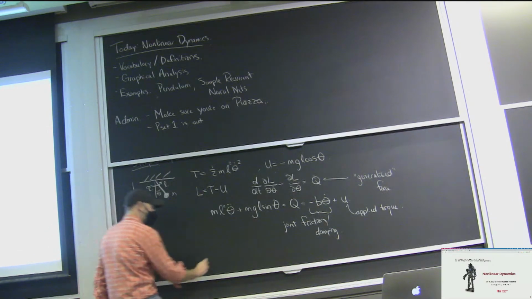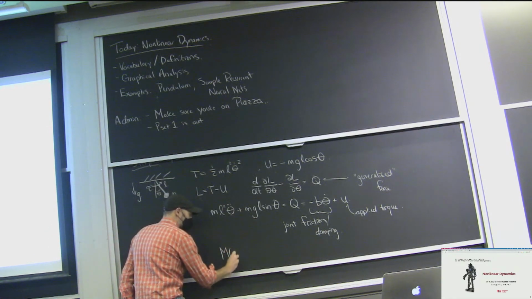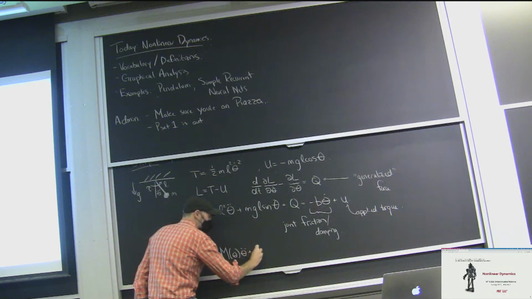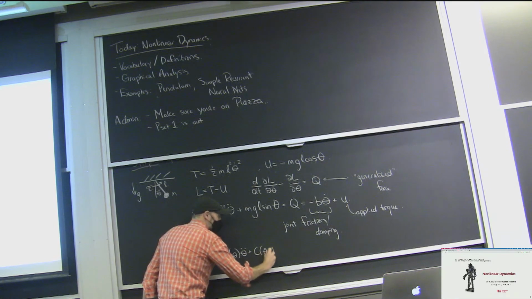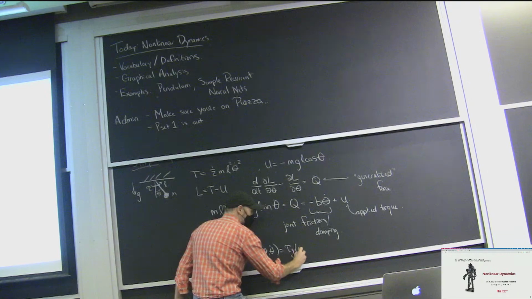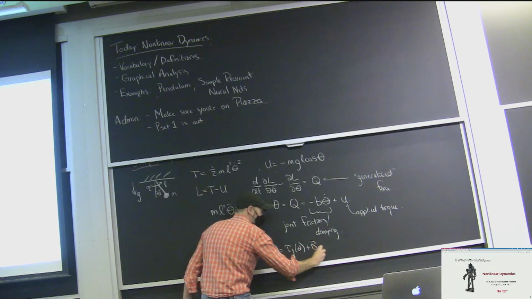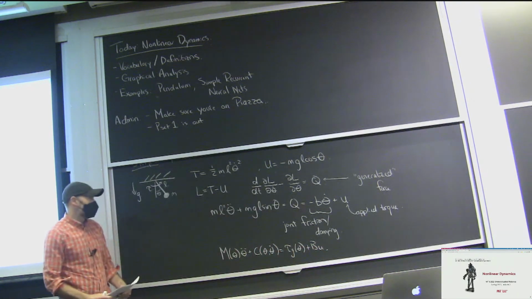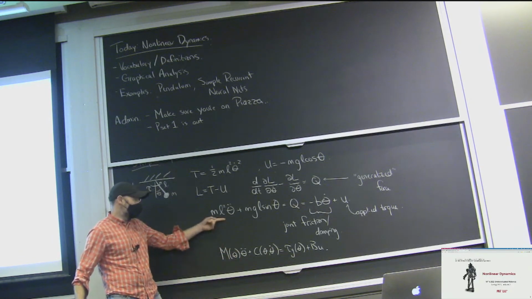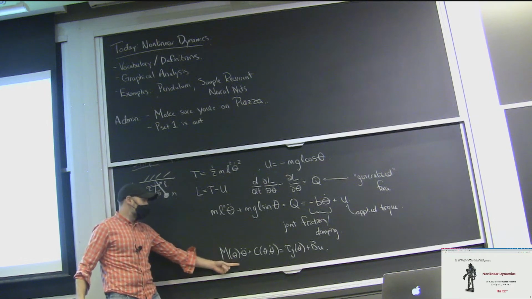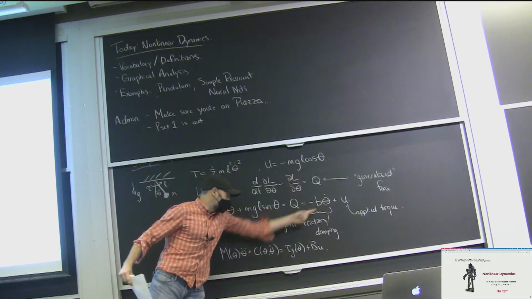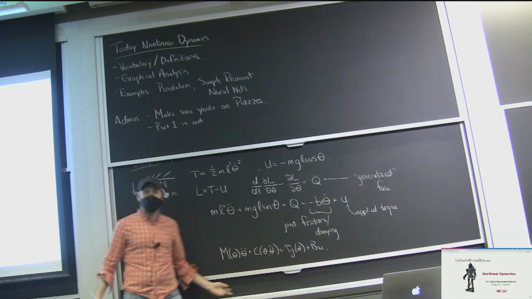I could have written this in my more general form that we used last time, right? It certainly fits. I get theta double dot over here. It turns out that M is not even a function of theta in this particular case. This one fits into here, this one fits into here. It all snaps into place.